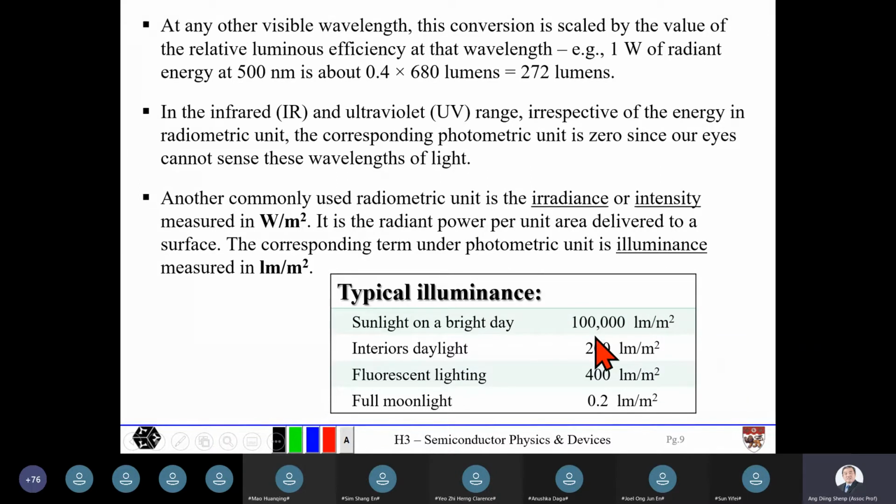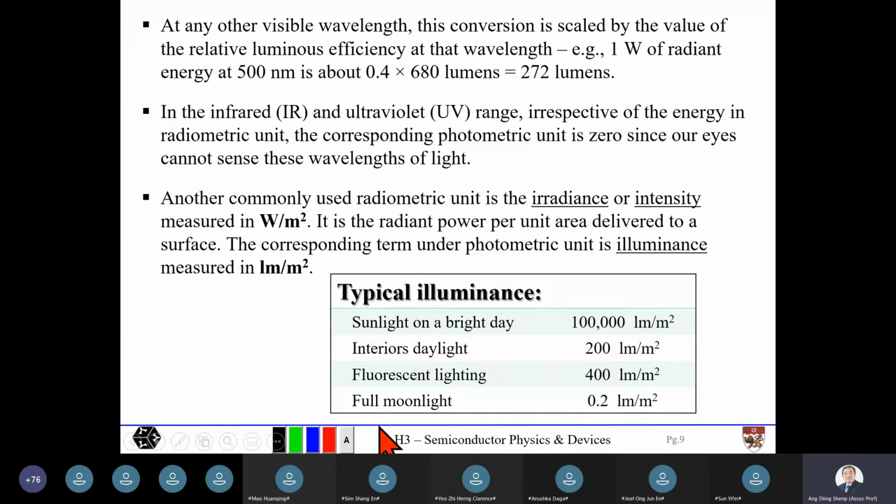Sunlight on a very bright day is typically around 100,000 lumens per meter square. Inside your house or in the classroom, in the LT for example, it's typically around 200 to 400 lumen per meter square. It's much dimmer. Fluorescent lighting is widely used in the interior of buildings.